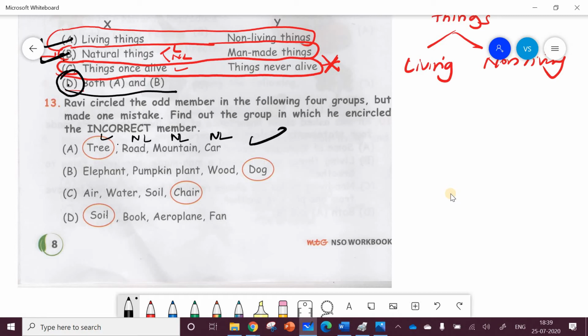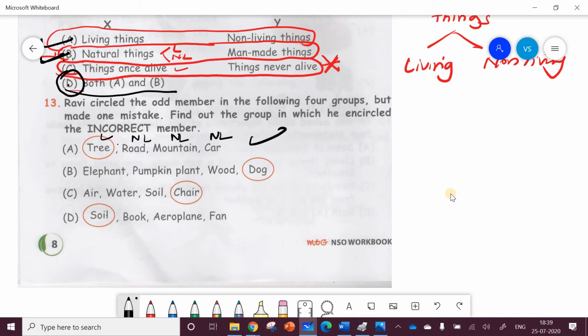Let's check the next one. Elephant, pumpkin plant, wood, dog. What do you think? Elephant is a living thing. Pumpkin plant is a living thing. Wood is not a living thing. But dog is a living thing.